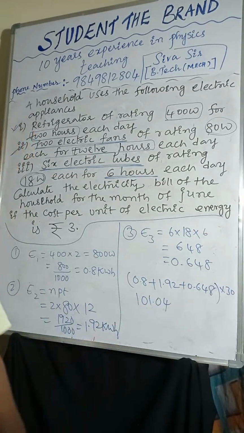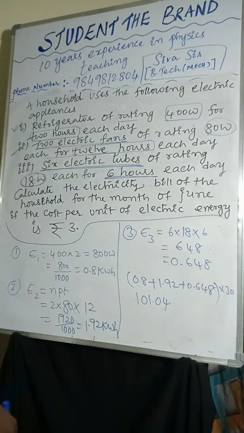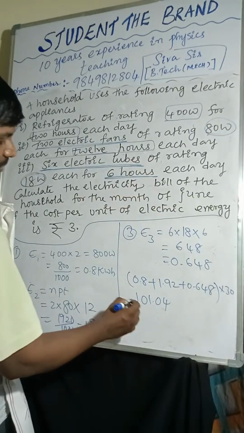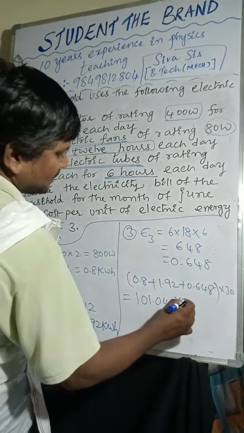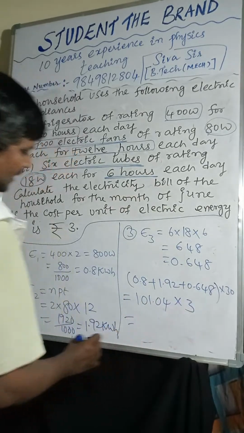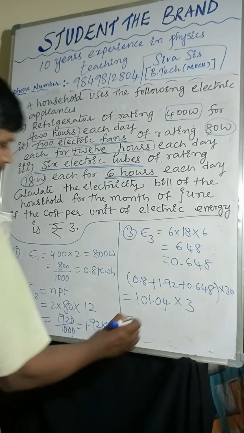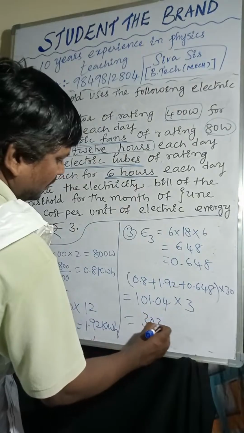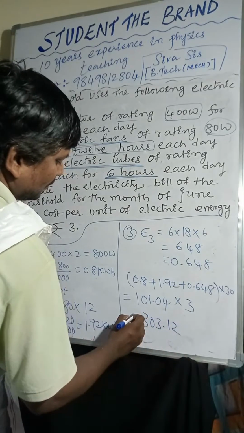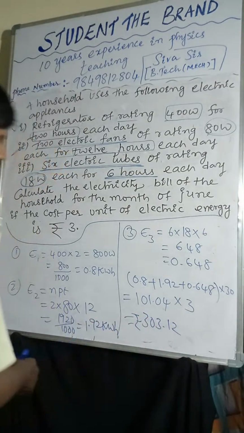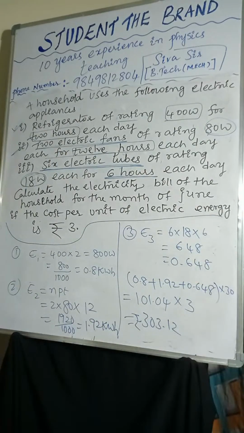Then they mention each unit is 3 rupees, so multiplying by 3 we get 303.12 rupees. Check once, and if any changes are needed, let me know.